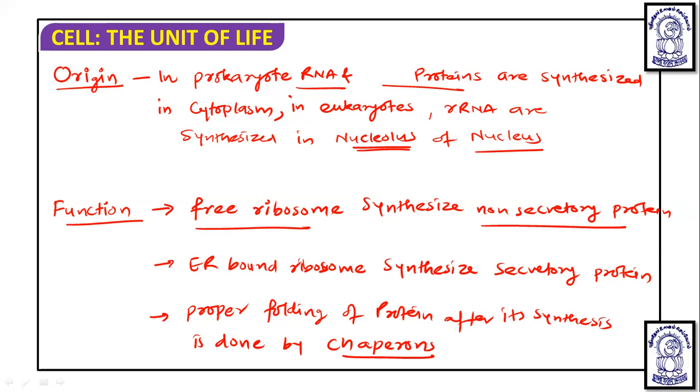This chaperone works after the translation, that is, after the process of protein synthesis. After translation they carry out post translational modification, and in this post translational modification, proper folding of the protein takes place, but this is carried out by the chaperone protein. Okay, so this is about the ribosome.